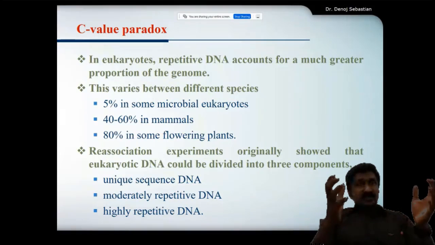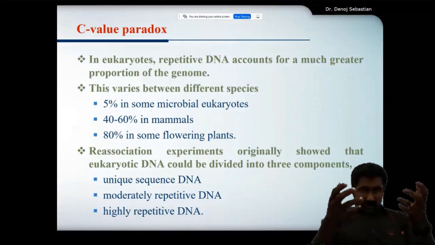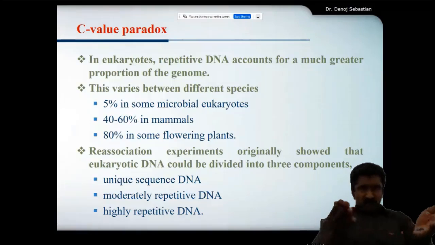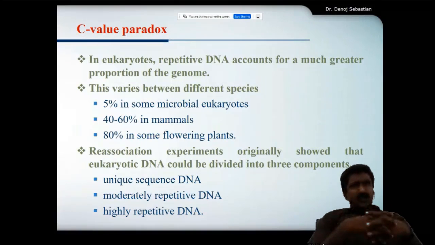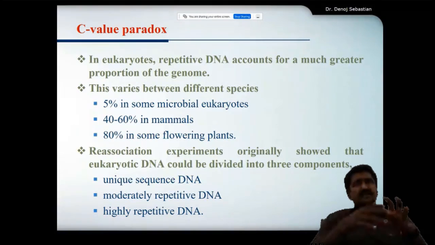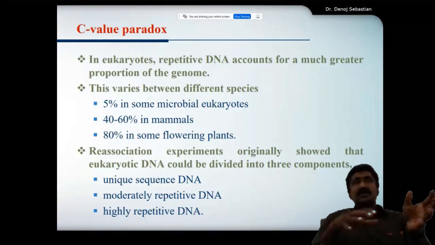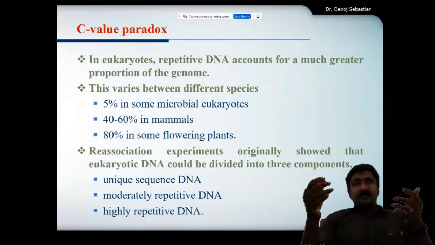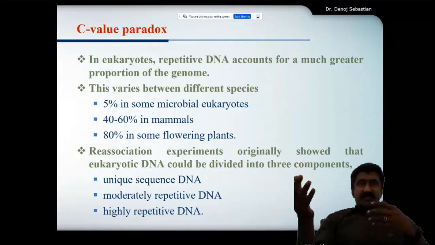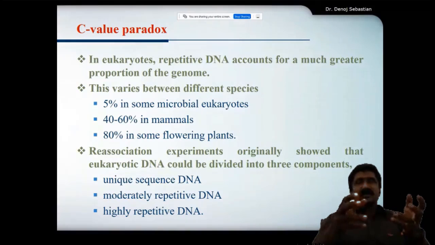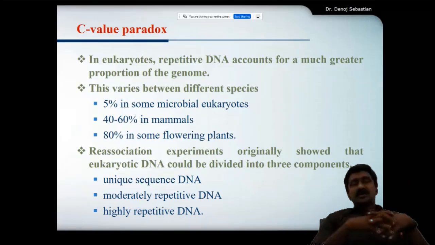Usually in microbial or single cellular eukaryotic systems like yeast, the repetitive DNA content is much less. But in mammals, it is more than half, and in flowering plants, it is higher again. So repetitive DNA content is one of the main contributing factors to the increase in genome size.